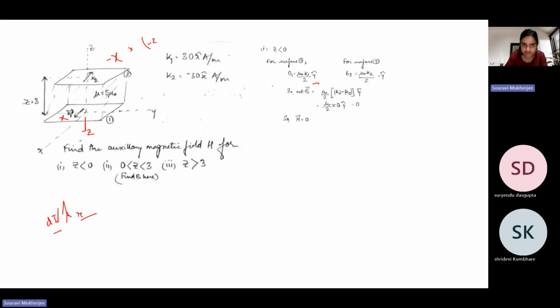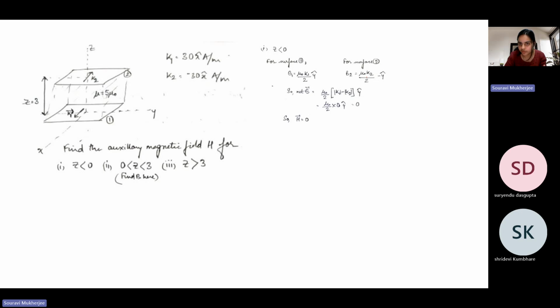This minus z is with respect to your current element, where you are. With respect to this upper surface, you are in the minus z direction. So it's minus x cross minus z, which is nothing but minus y. That's how you find the direction of your field.